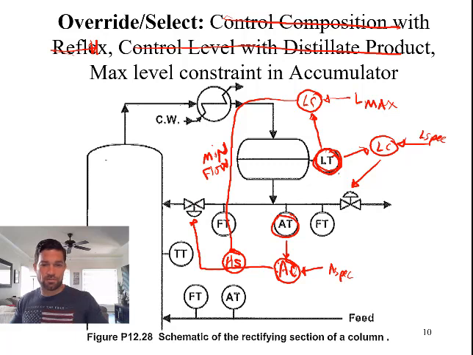If the primary control loop tries to close this valve too much, where it gets below the minimum signal, the level constraint loop will take over and open this valve to bring more back to help empty out the accumulator, and that'll keep this out of spec. Okay, so the constraint loop is telling the minimum amount of flow that can go to this valve to keep this below the maximum level.